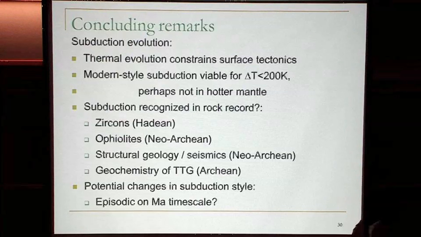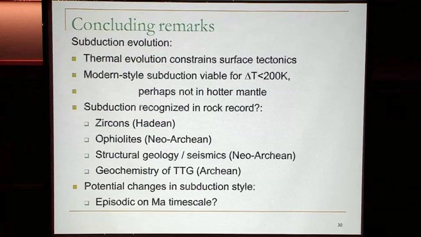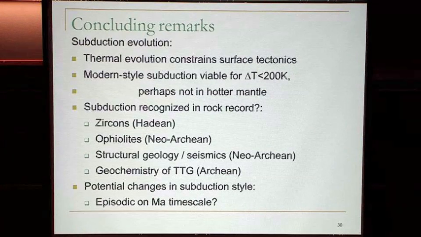So that's really all I wanted to show in this short talk. Concluding remarks on subduction evolution: perhaps we can use thermal evolution to at least constrain some surface tectonics. Modern style subduction from numerical models seems to be viable up to 150 or 200 degrees hotter mantle, but if you make the mantle even hotter, it starts to become very difficult from a dynamical point of view, and the main reason is the weakness of the mantle material and the subducting plates.